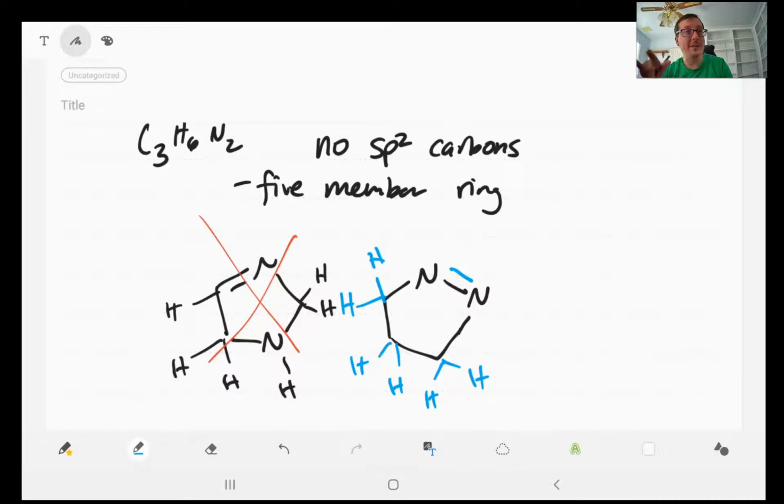And because the double bond is entirely nitrogen to nitrogen, there's no carbons involved with that, we are not going to violate the rules of having sp2 carbons. And so this is going to be the structure that you should probably end up with if you do this. If you want to go super crazy, no, you can't because it has to be a ring. So never mind. So that's going to be that.